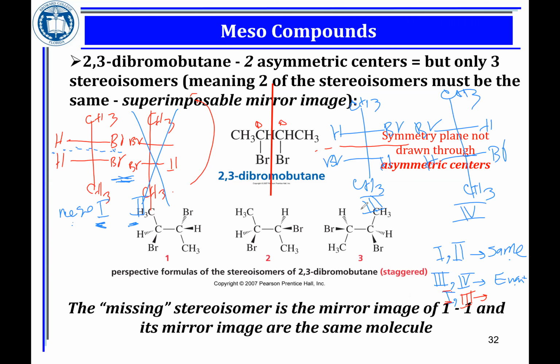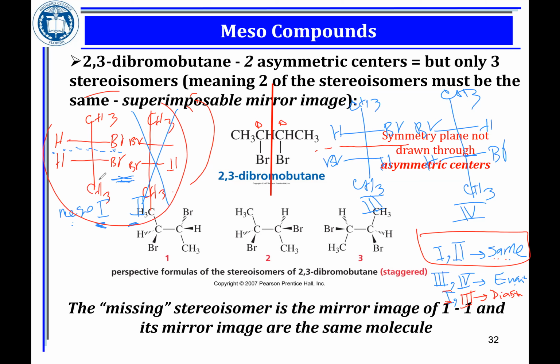Diastereomers. Very good. So we have a pair of diastereomers if they are not mirror images of each other. We have a pair of enantiomers if they are mirror images and non-superimposable. If they are mirror images of each other and they are superimposable, it is the same compound. That's the case here for the meso compound.